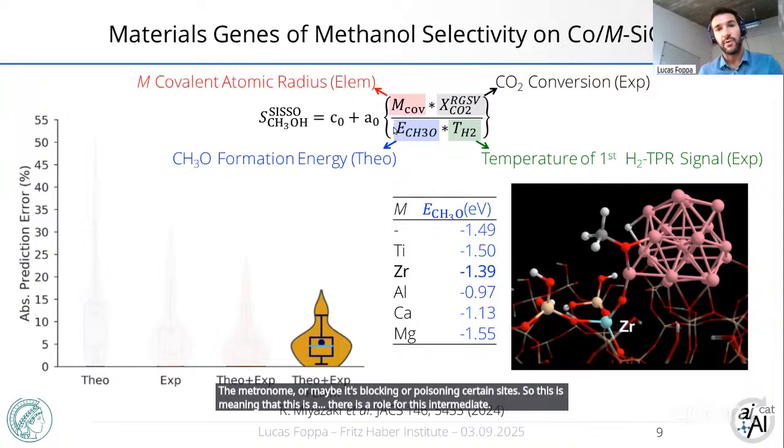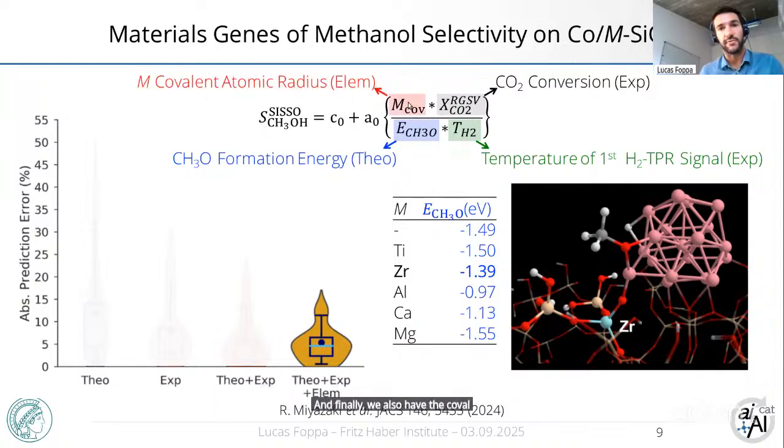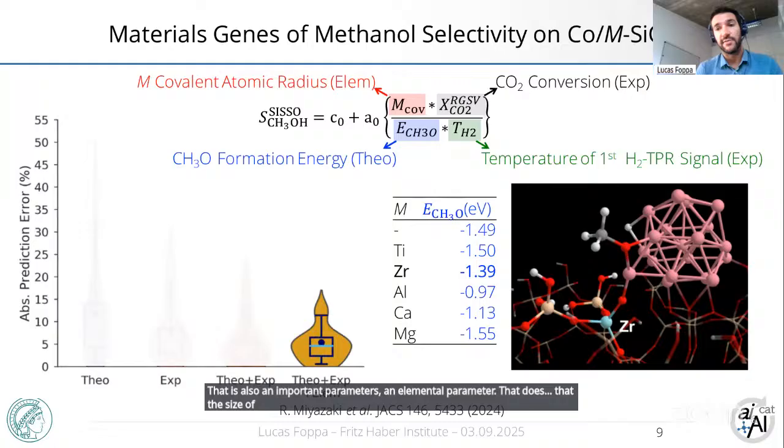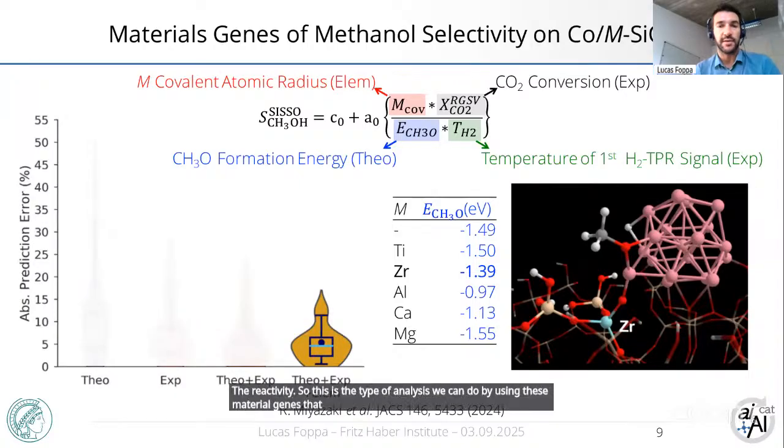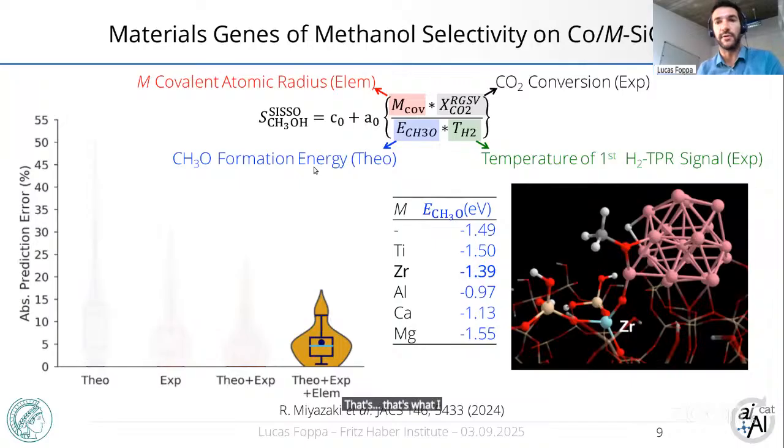And finally, we also have the covalent atomic radius of this M species. That is also an important, elemental parameter: the size of this metal additive that we introduce in the support is important for the reactivity. So this is the type of analysis we can do by using these materials genes that were identified by SISSO in this model. That's what I wanted to illustrate here.